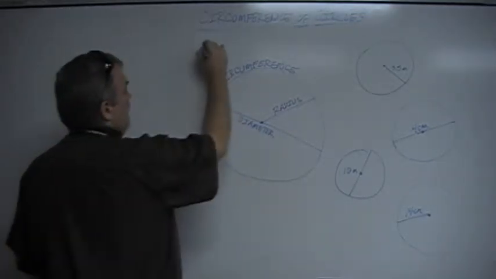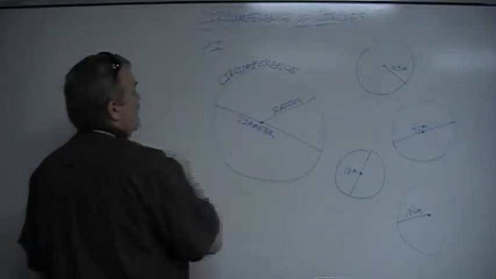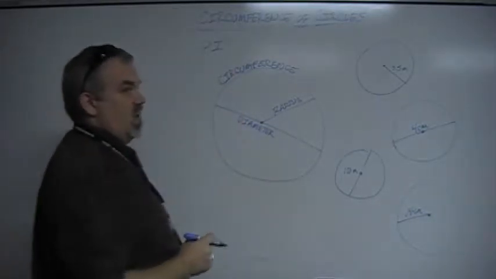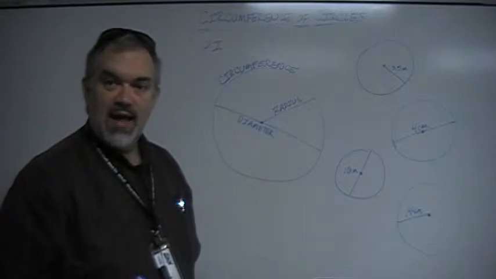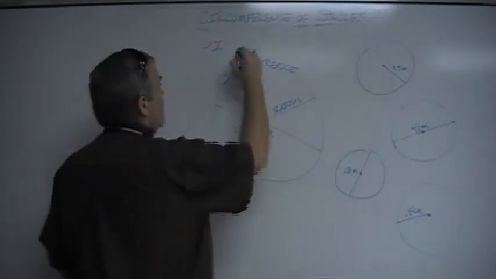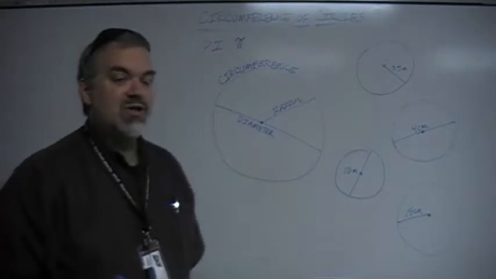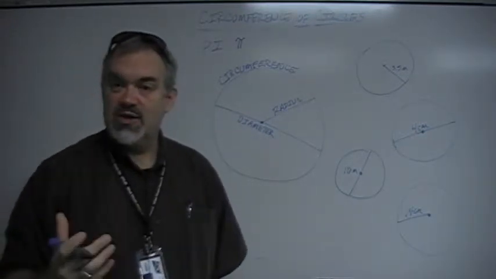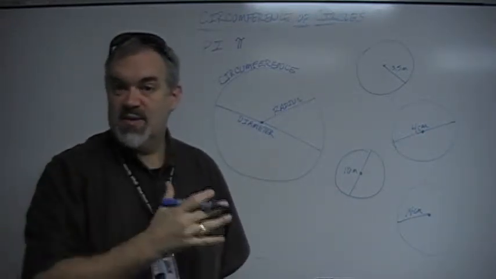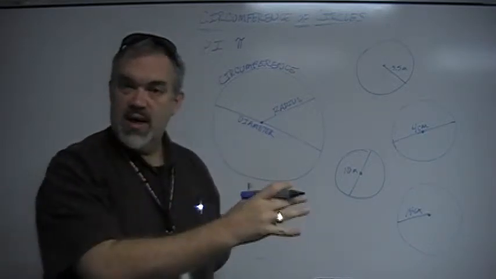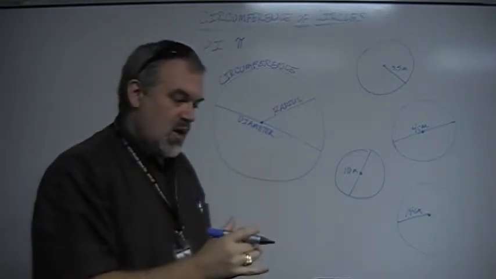The number is called pi. And we show it with a Greek letter, the Greek letter pi, which looks like this. And that is just a number. Now, it's an irrational number. It's a decimal number that never terminates and never repeats.